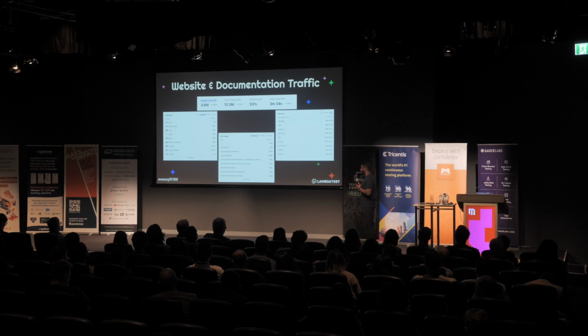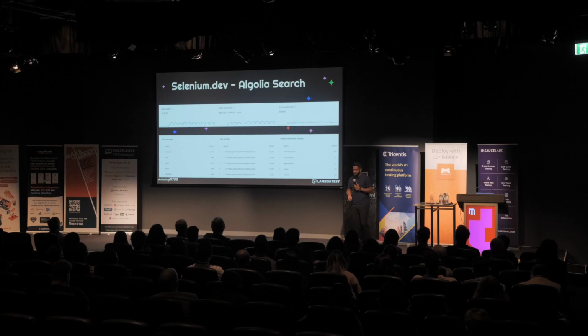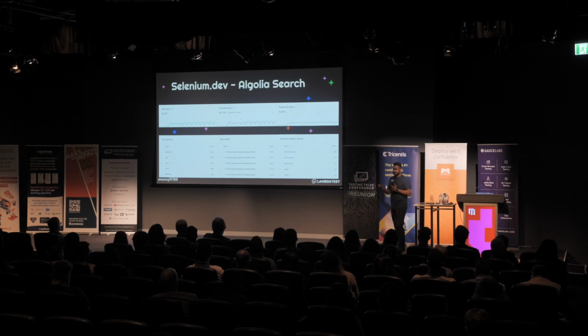So probably we're going to work on that, and that's what we are doing over a period of time. And then we also added something called search to the website, which is very important. It helps us figure out what users are searching for and which pages are being interacted with a lot, because this gives us more information on which features our users are looking at, so that we can build more on top of it, or add more documentation and more code samples, which will be helpful.